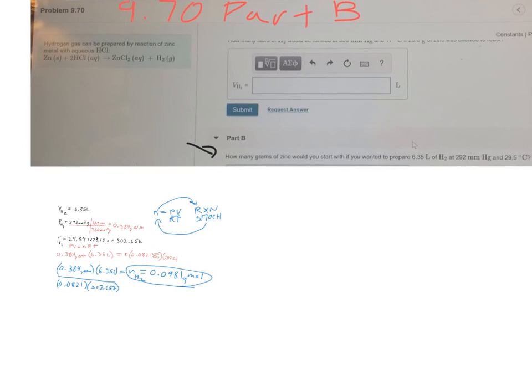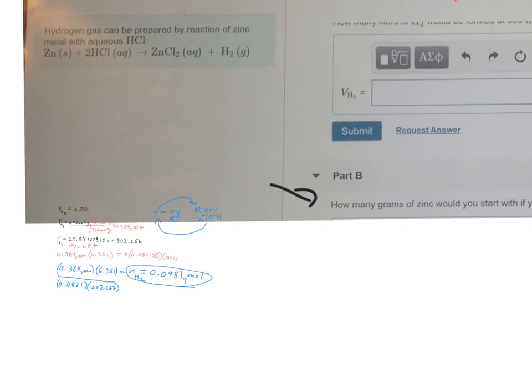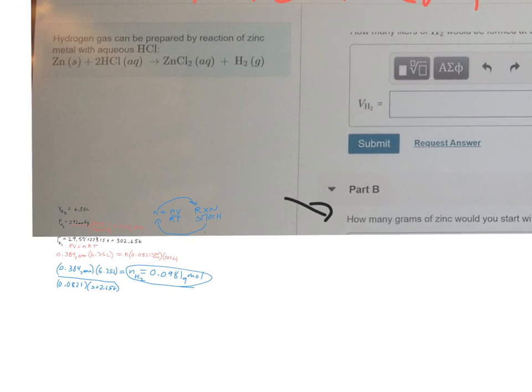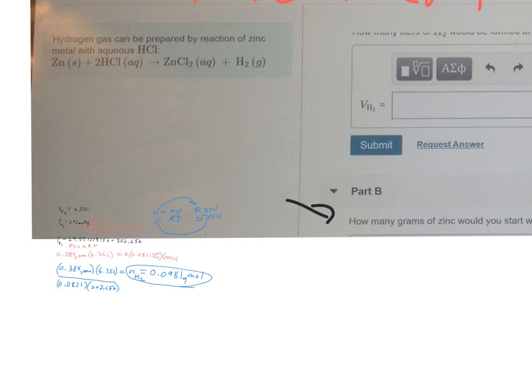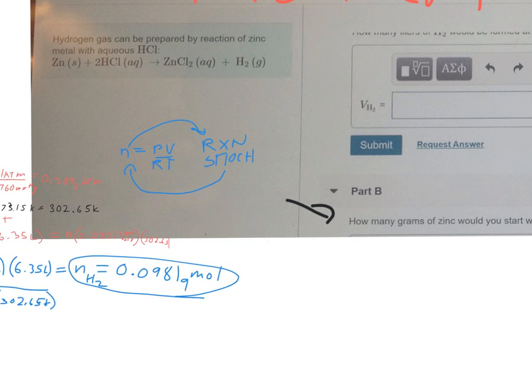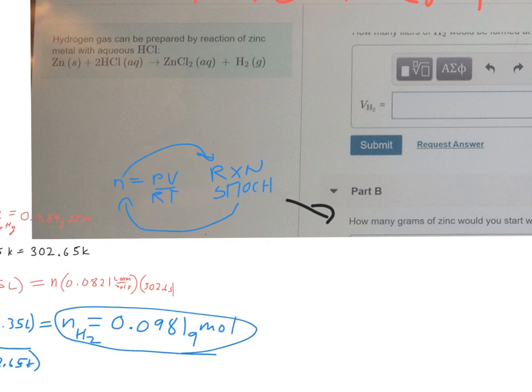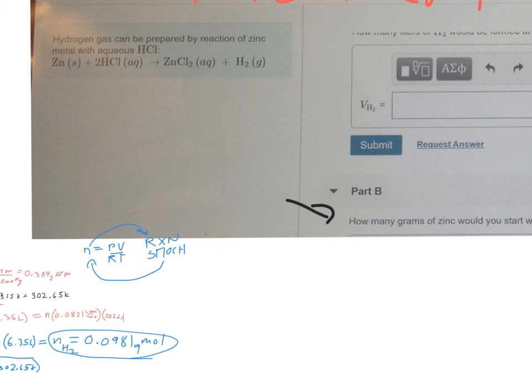So let's blow that up again. There's our chemical equation. There's our number of moles, 0.09819 moles of hydrogen, and they want grams of zinc.